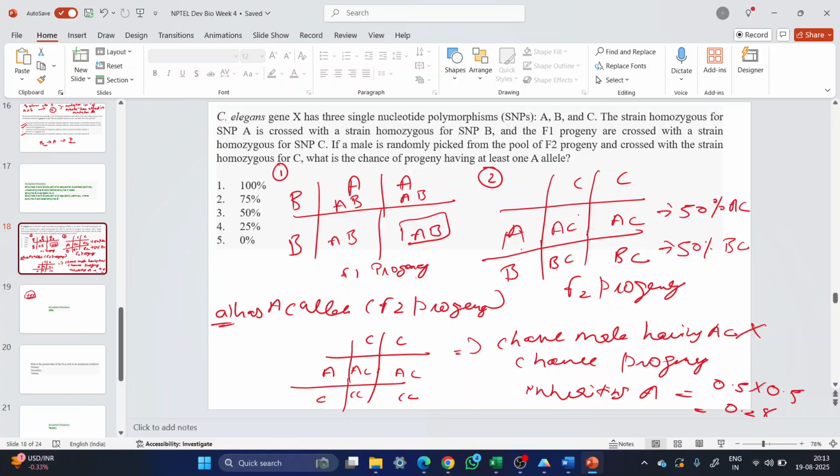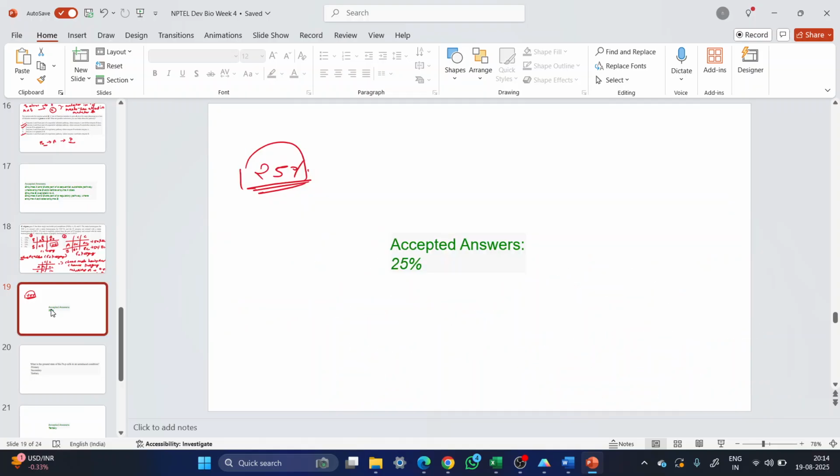If AC is chosen and then crossed with CC, there are two probabilities, and we have to multiply both. First, the probability of choosing AC from this lot, and then the probability of having A from this lot. So this is 50%, 50%, which is 0.25, 25%. So I hope this question is clear.